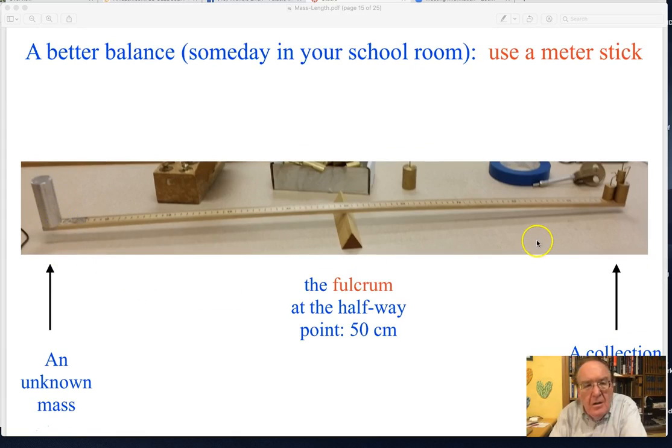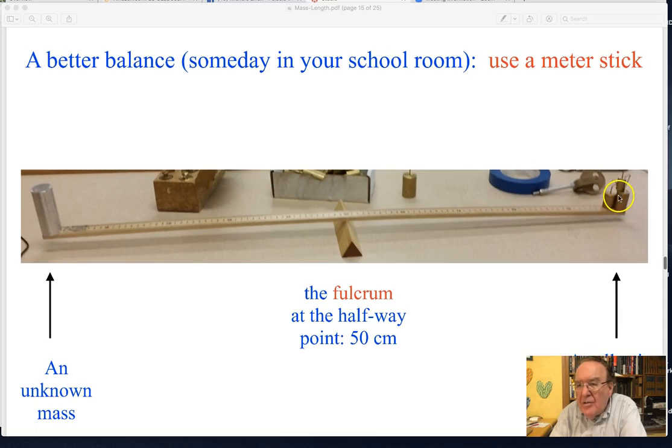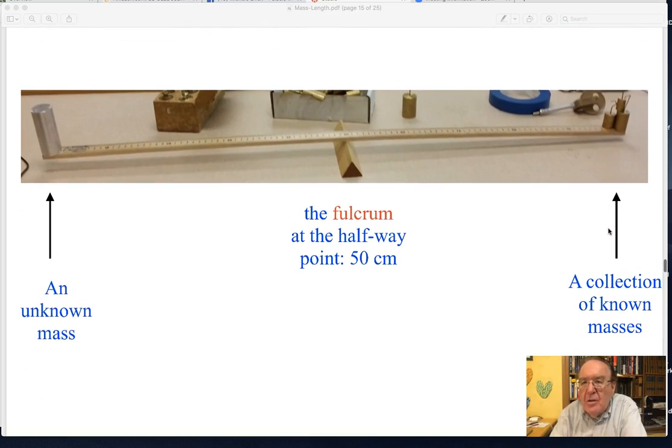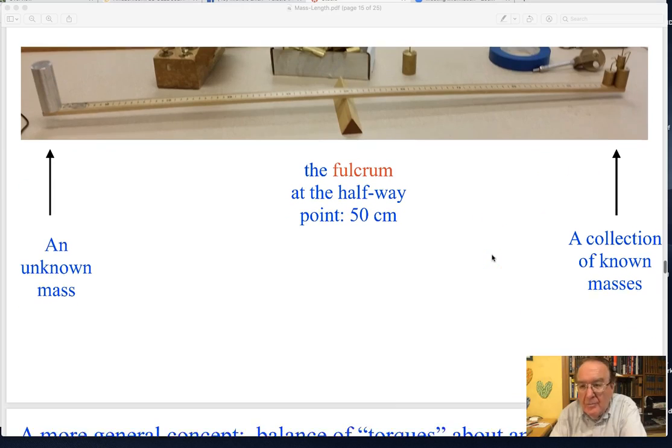And then you add little weights on the right-hand side, and those are standard masses. They're brass, for example. So you add known masses on the right-hand side until you finally get it to balance, and then you have measured the mass of the aluminum cylinder on the left because you know the masses you stacked in on the right. So that's how to measure something with a balance or with a teeter-totter, basically.